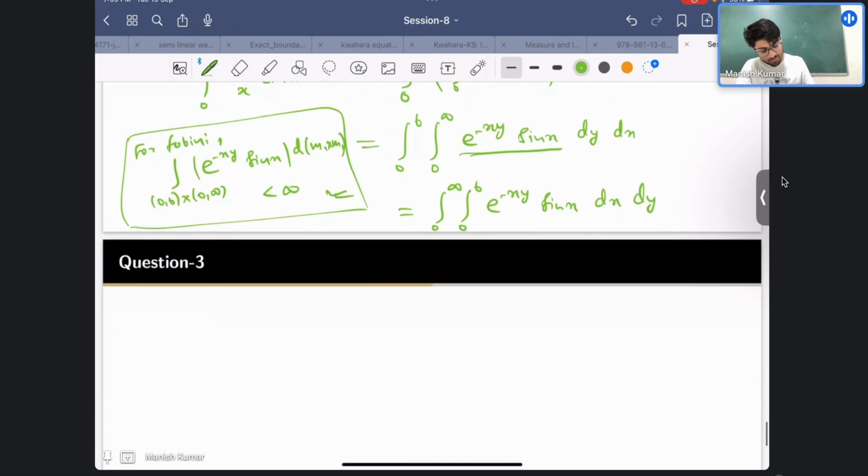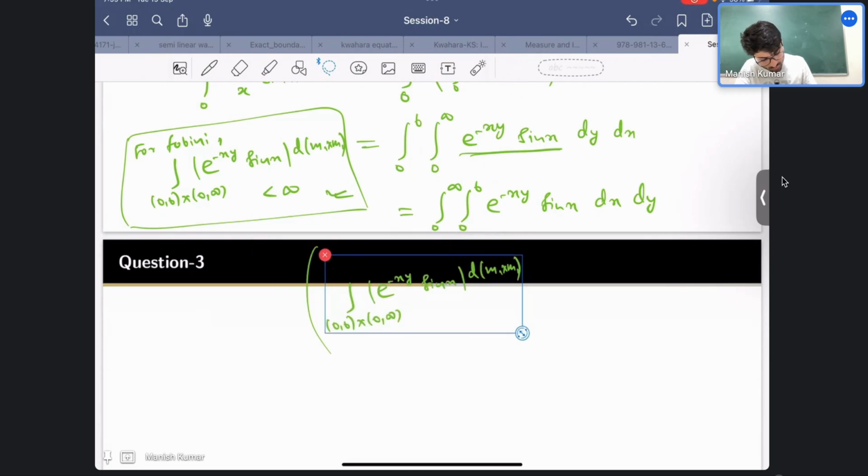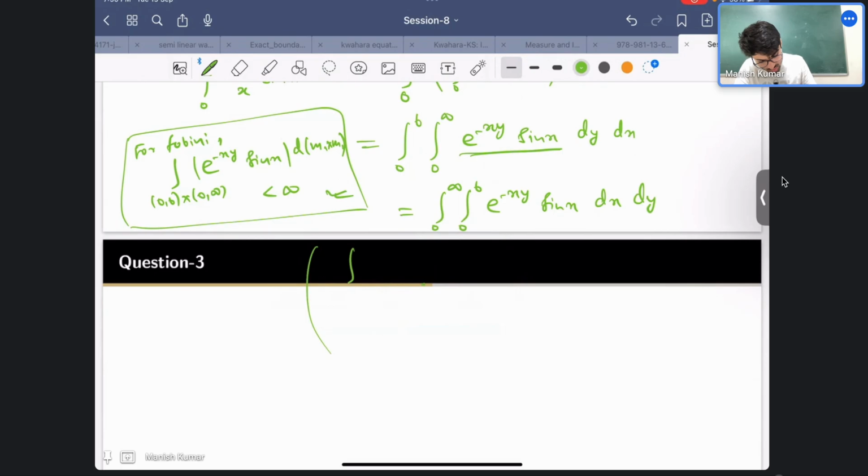So let us check. Let me write it again. So this quantity is the integral over 0 comma b cross 0 infinity of mod e minus xy sin x, d m1 cross m1, right?